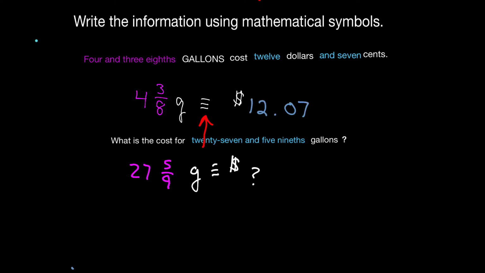When you have an equivalent relationship, if you divide one side with a number such as 4 3/8 and divide the other side with the same number, you'll get a new equation which is true. And by dividing both sides with 4 3/8, we'll be finding out what 1 gallon costs.